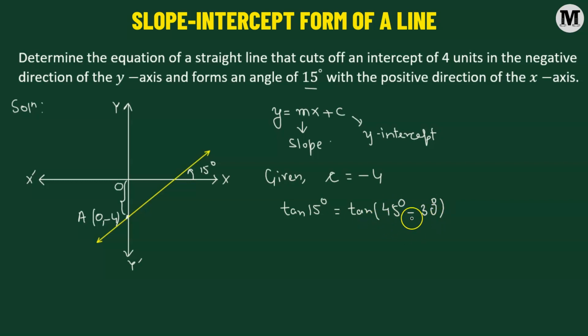Now, this is the tangent of a compound angle, the difference of two angles, 45 and 30. We can expand this to get tangent of 45 degrees minus tangent of 30 degrees, divided by 1 plus tangent of 45 degrees times tangent of 30 degrees. We know tangent of 45 and tangent of 30 are standard trig values.